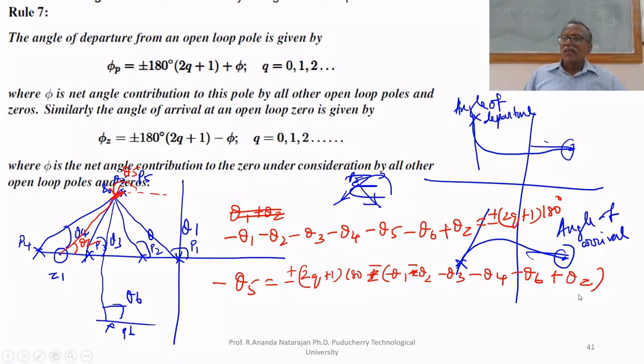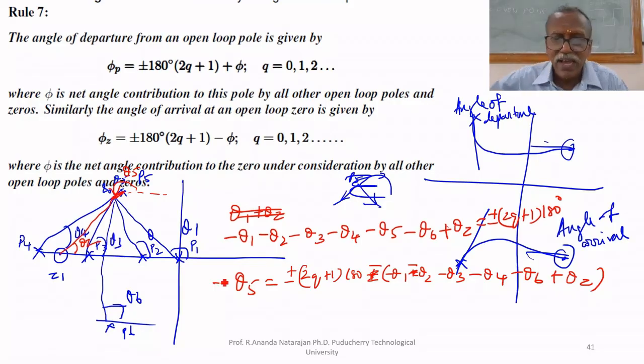That's why the angle from P5 to P1 and the angle from S0 to P1 are the same. Can I say like that? Listen here, theta 1 is equal to the angle made by the line joining P5 and P1, or the line joining S0 and P1. Because S0 and P5 are very close to each other, the angle made by P1 and P5 and the angle made by P1 and S0 are the same.